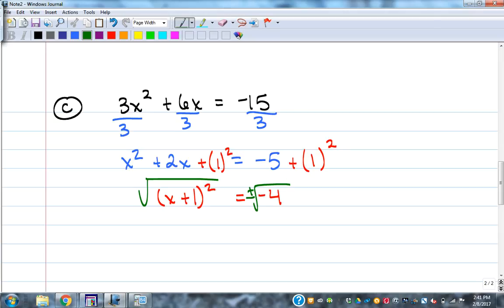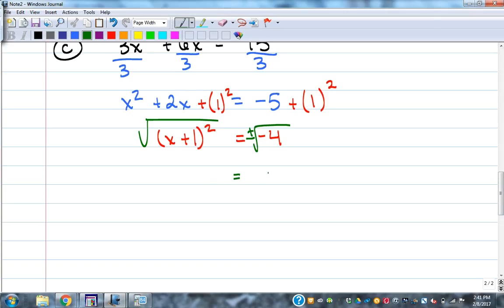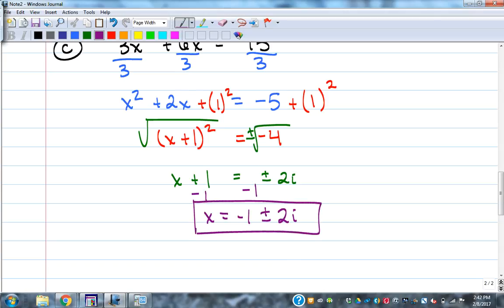So what's that put into the game? The i stuff. So that's plus or minus what? 2i. Yeah. Square root of 4 is 2. The negative makes it an i. And on this side, we got x plus 1. Let's get x by itself. Yeah, good job. Subtract 1. You got -1 plus or minus 2i. And we're done.